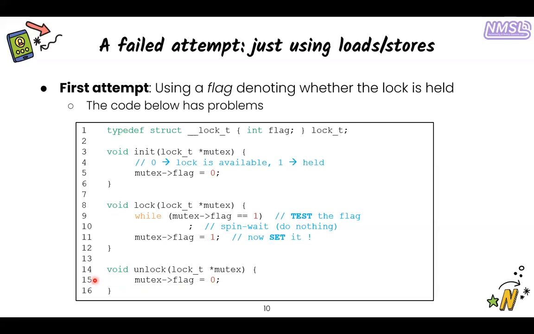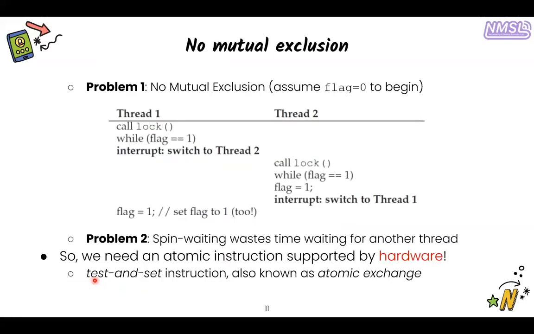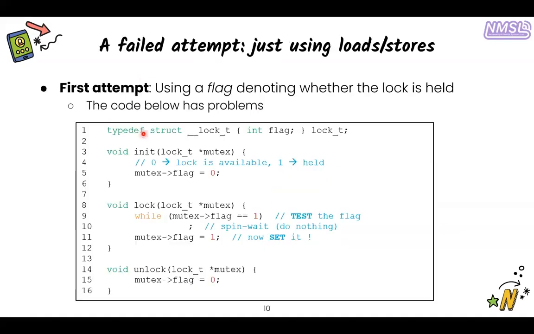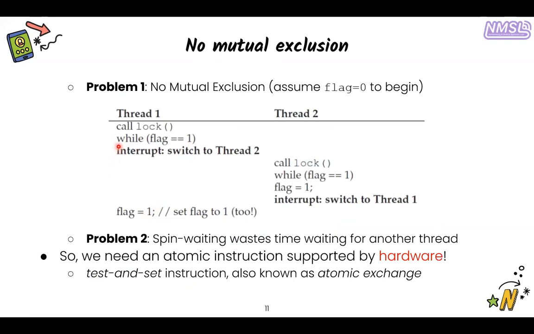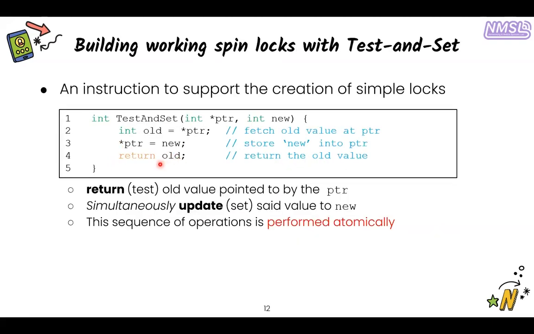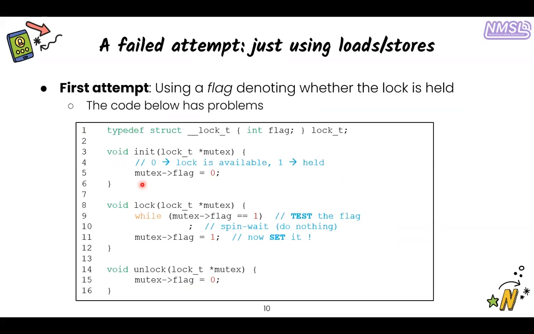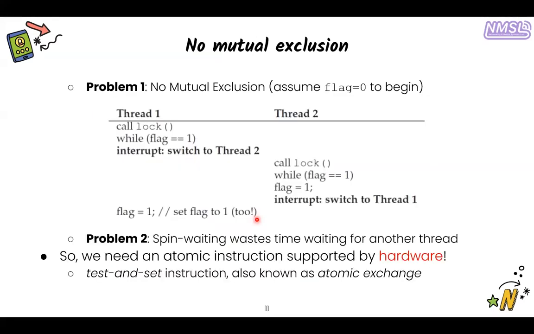Very simple case. However, this one has problems. First of all, there's a correctness issue. Let's assume initially the value of flag was 0. Now thread 1 first calls lock. So you are in the while loop, while flag is 1, spin waiting.